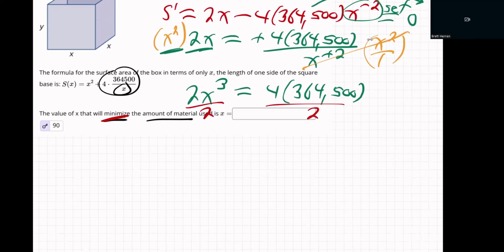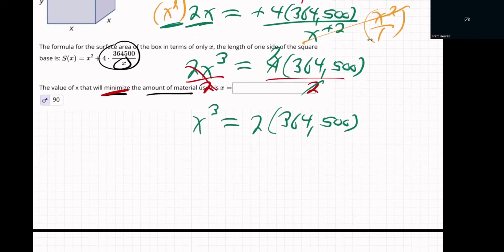Divide by 2. So x cubed equals 2 times 364,500. Last step, raise to the 1/3 power, or cube root, same thing. That'll get you x. Let's go to Desmos.